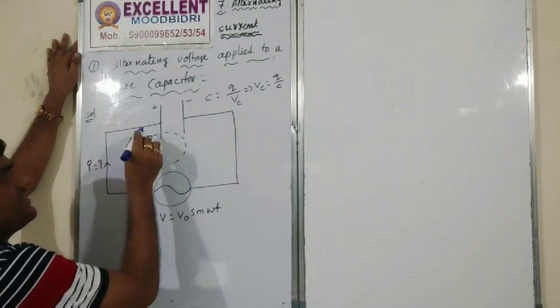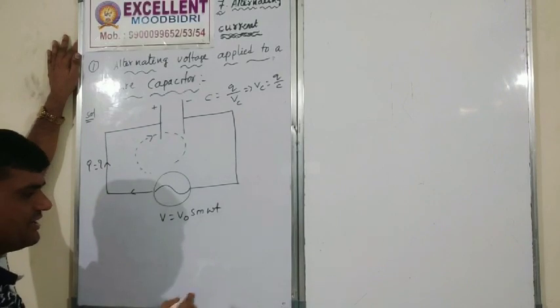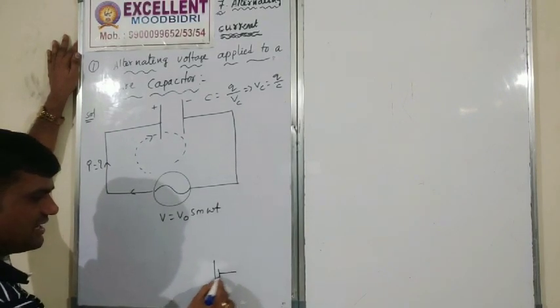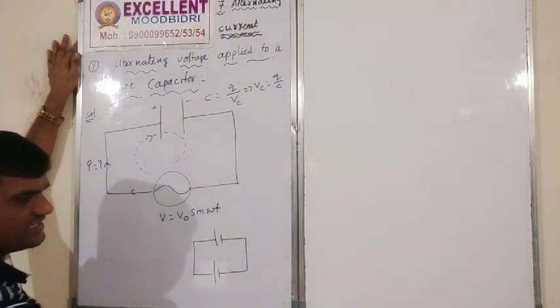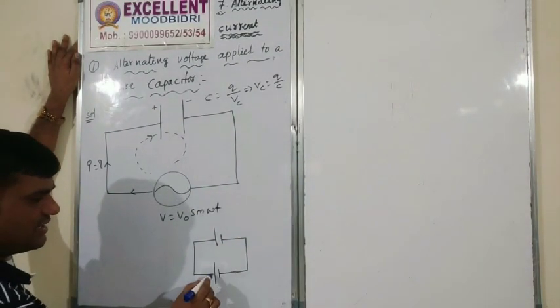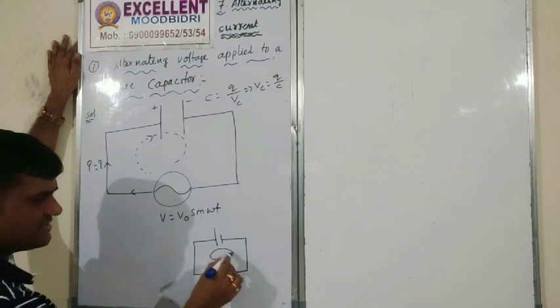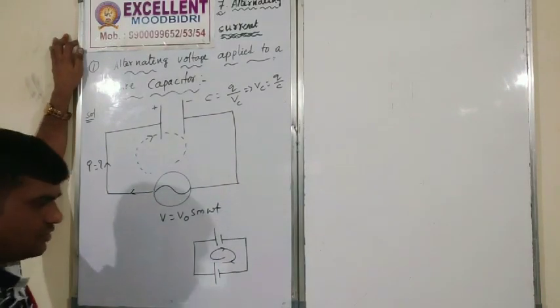Current enters the positive terminal. For example, here is a battery, and here one more battery. According to Kirchhoff voltage law, this is the direction of my loop.